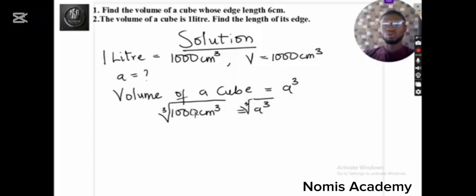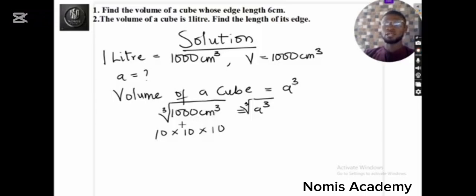So cube root of 1000 centimeter cube, meaning what value would I multiply by itself 3 times to give me 1000? If I think very well, I should know that it is 10. So 10 times 10 times 10 should give me 1000. Correct.